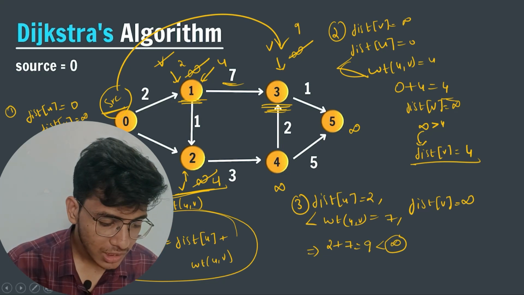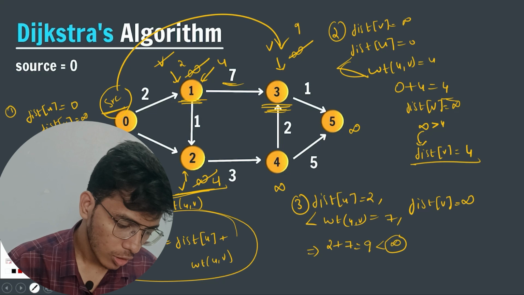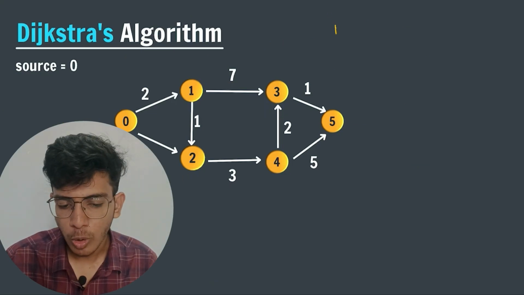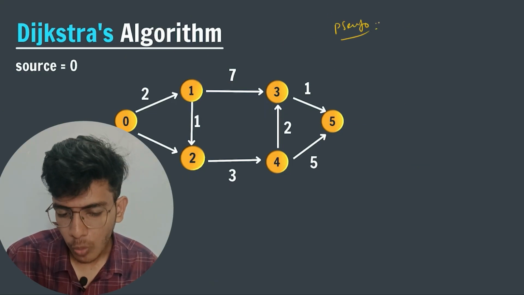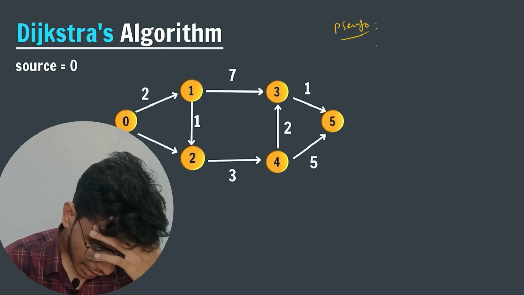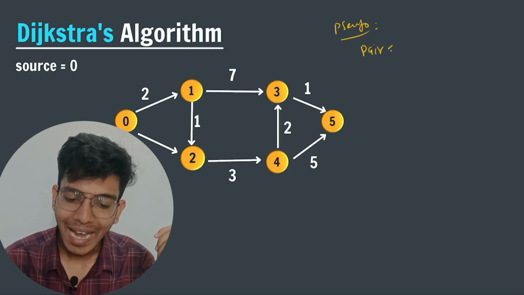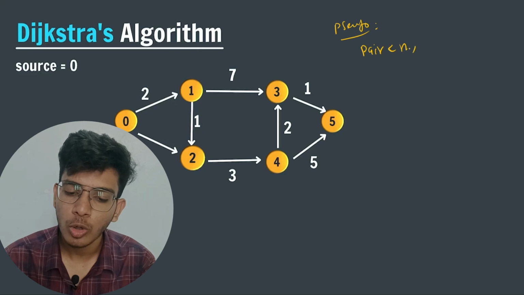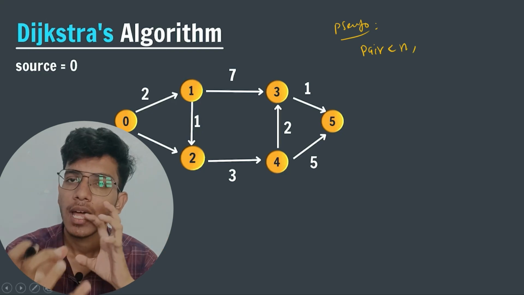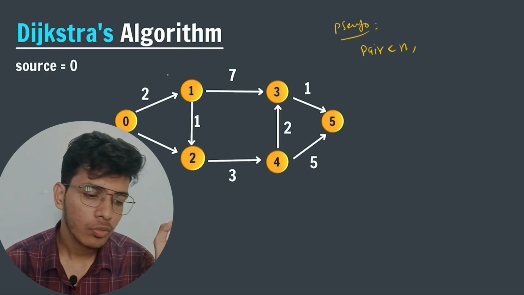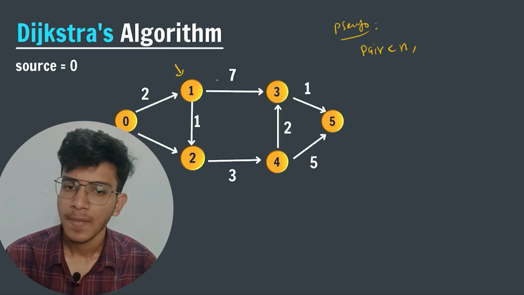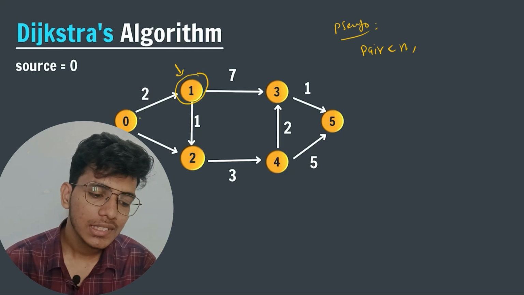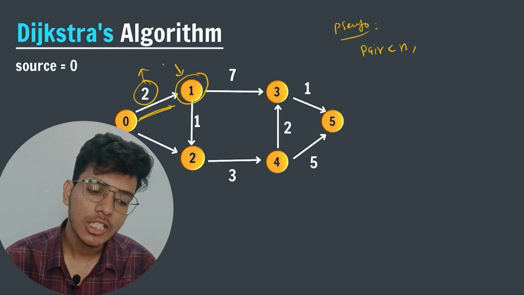Now let us talk about the pseudocode of this Dijkstra's algorithm. So talking about the pseudocode, first of all I will create a pair class, and in the pair class I will store the node value, whatever node I am at, and the path related to it. For example, let's say I am at 1. So for this node, what is the shortest path? The shortest path is 2.